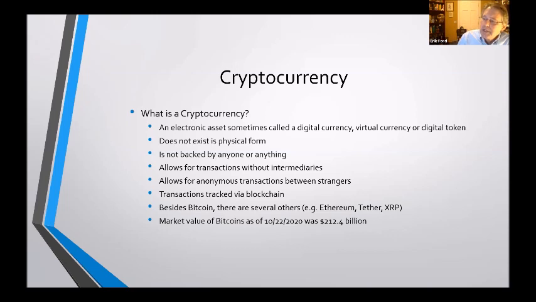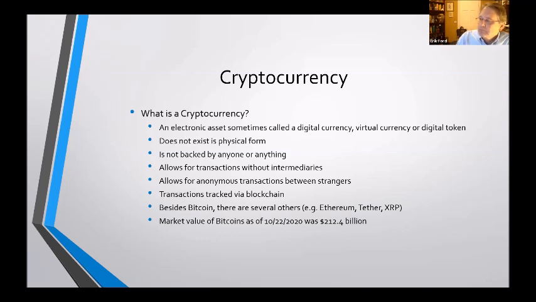So besides Bitcoin, there are several others. Ethereum is another one, Tether, XRP. I was really surprised that there's actually quite a list of different cryptocurrencies. Bitcoin is the biggest one out there. Market value of Bitcoin as of October 22nd, when I put this together, was $212.4 billion.